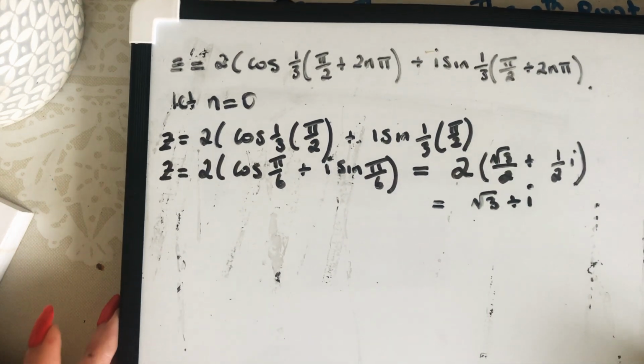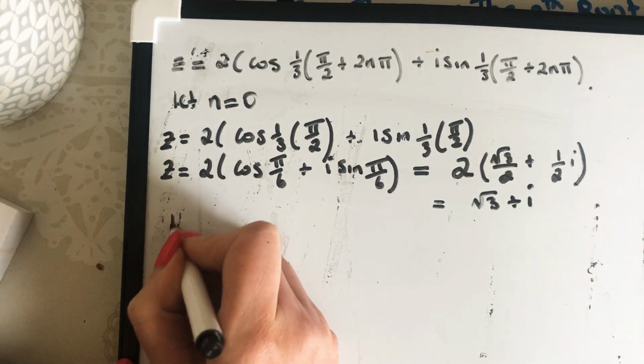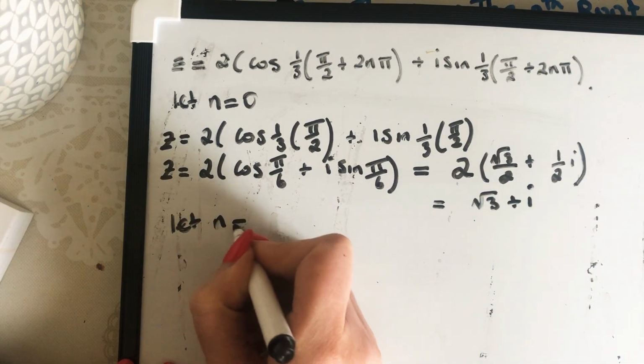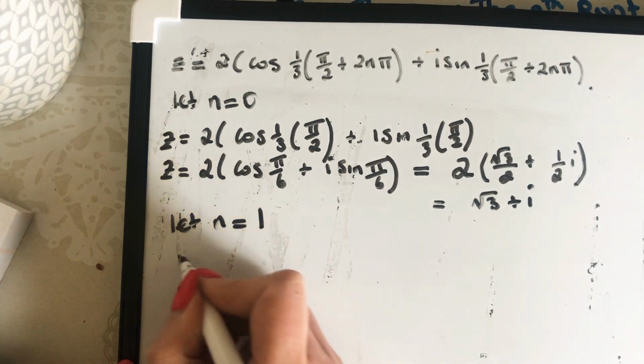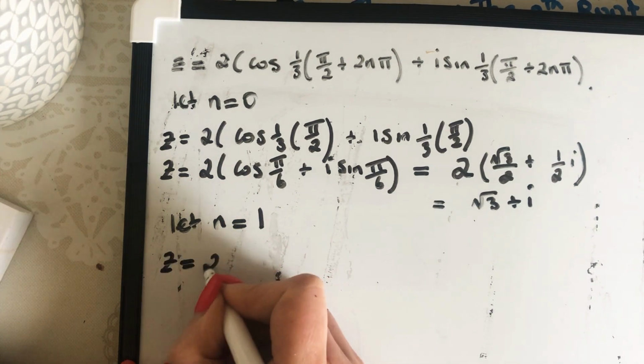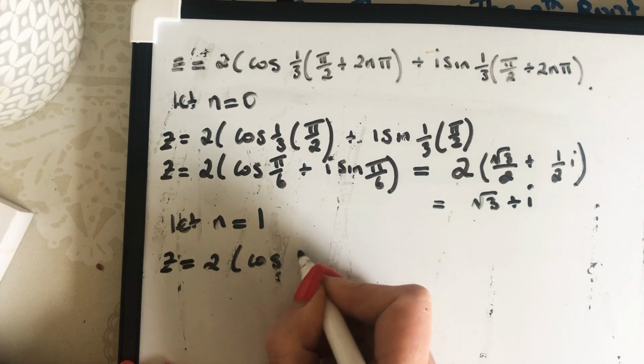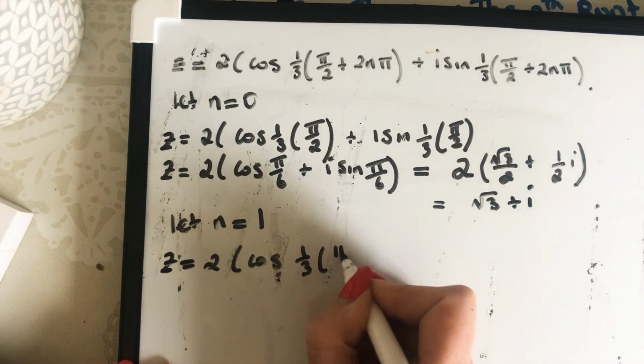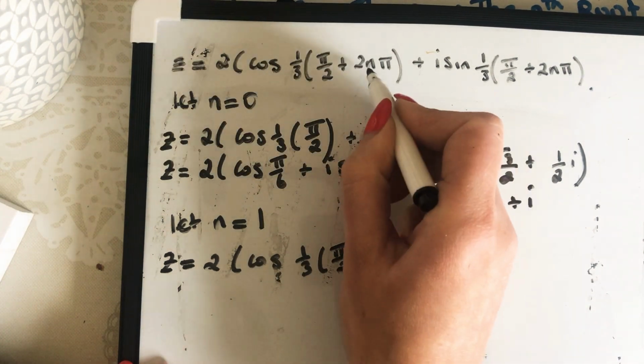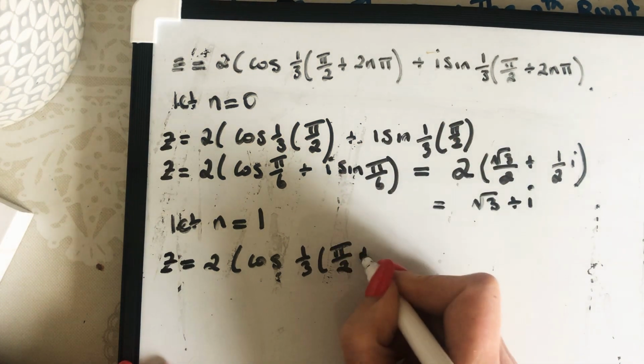Now let's do when n is equal to 1. So z is equal to 2 cos 1/3 pi over 2, and now we're putting in a 1 here, so we have plus 2 pi.